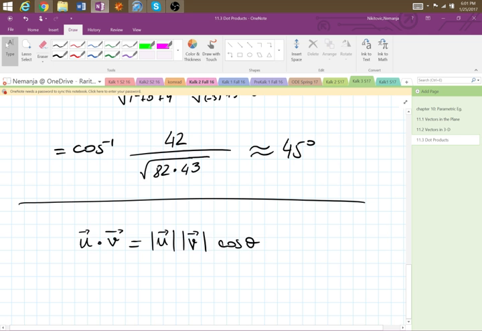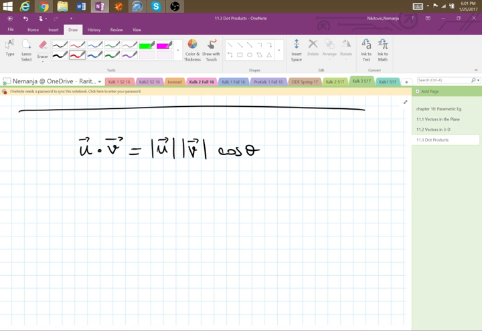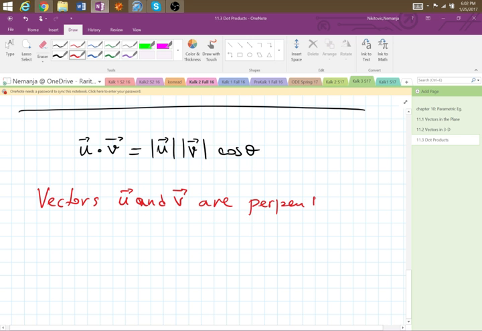So we can write that as a theorem and say vectors u and v are perpendicular if and only if u dot v is equal to 0. The statement if and only if, especially for the honors, means the theorem works both ways.